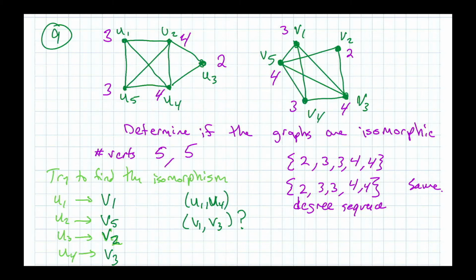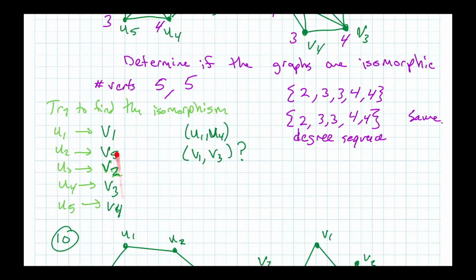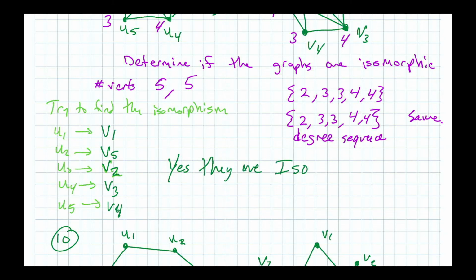So if you check that every edge over here, you write it in terms of U, and then you write the mapped vertices here, and check that that's actually an edge in the second graph, and it is for all 8 edges, then this is in fact an isomorphism, and that means obviously that they're isomorphic. Okay, so that's a lot of words, but yes, they are isomorphic.